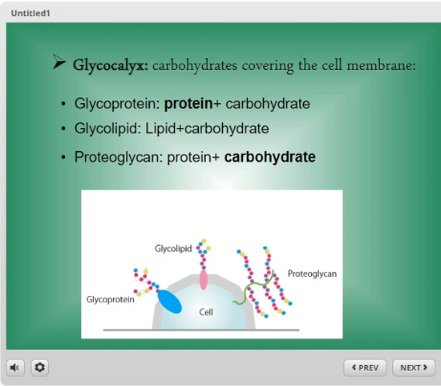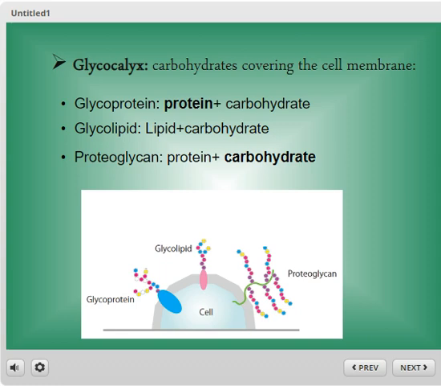All of the carbohydrate in the cell membrane is attached to lipid or protein and forms glycolipid and glycoprotein respectively. And all of the carbohydrates in the cell membrane are located outward from the cell surface.